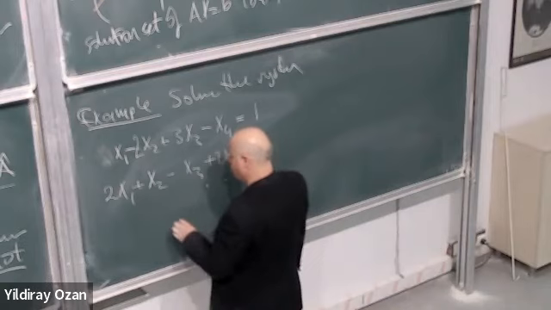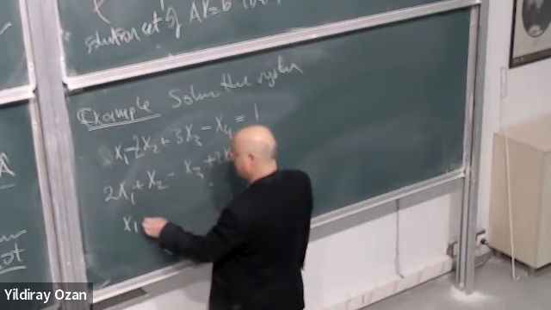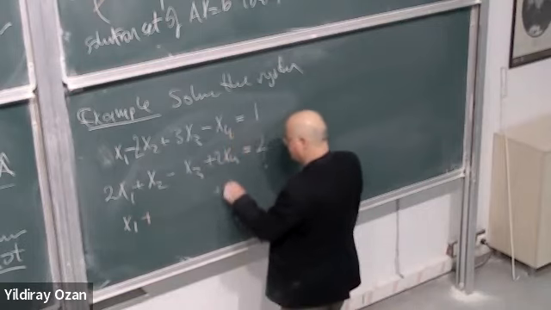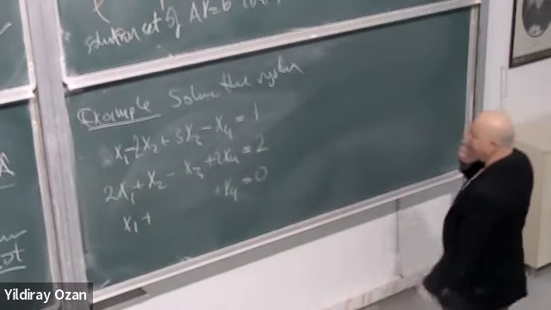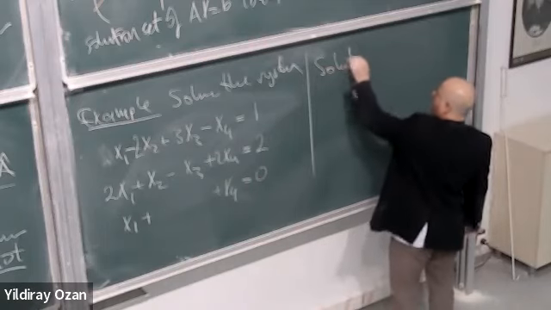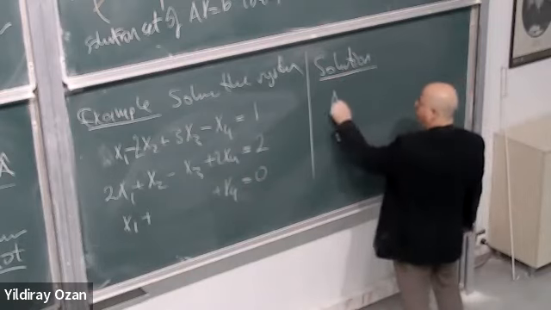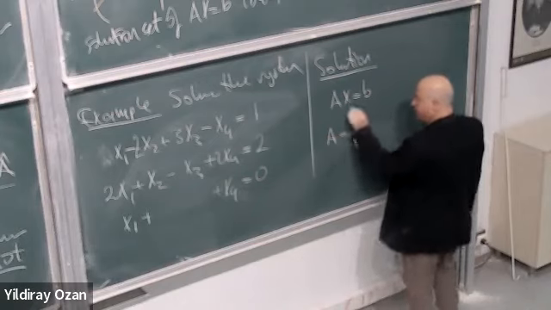Let's make it like this: x1 plus x4 equals 0. Okay. So A, right? A is this matrix.